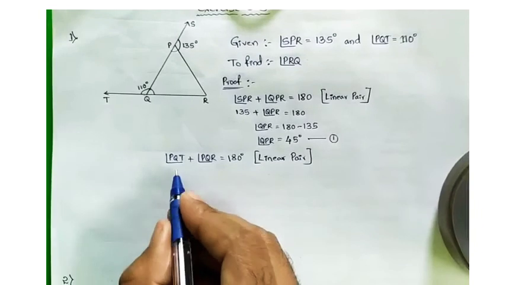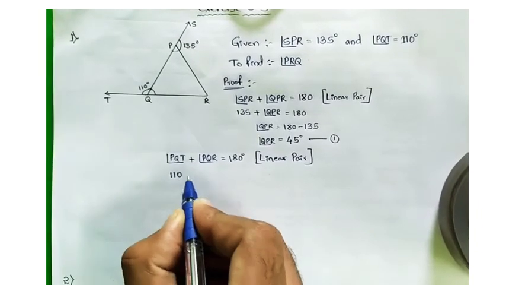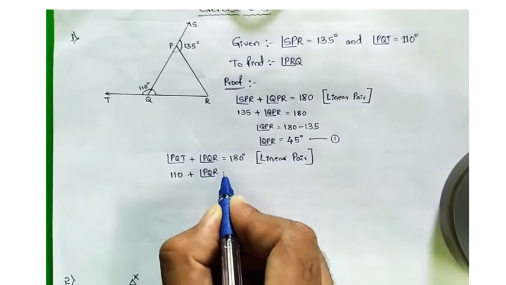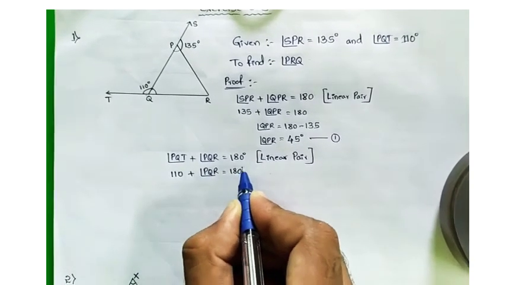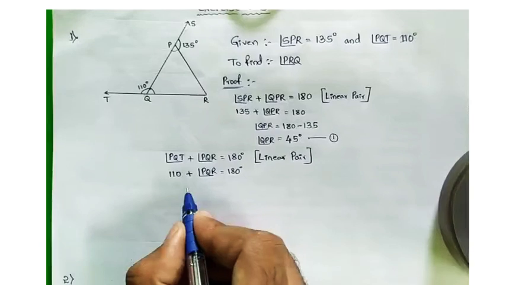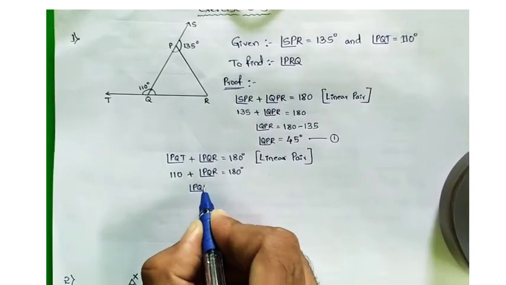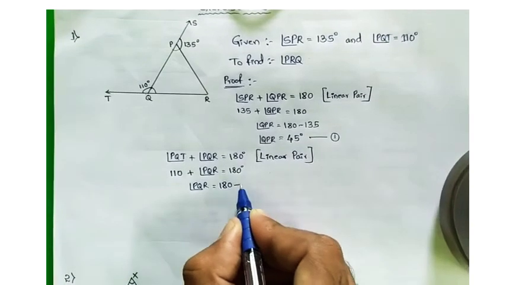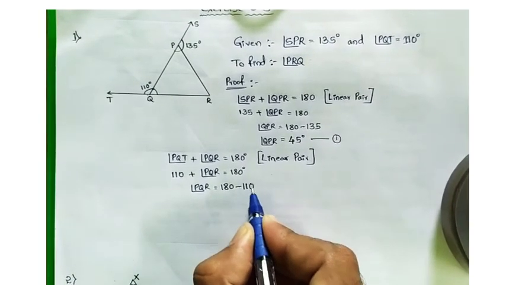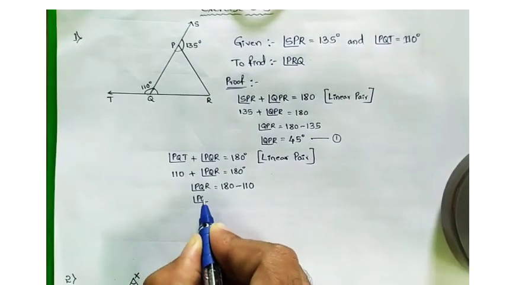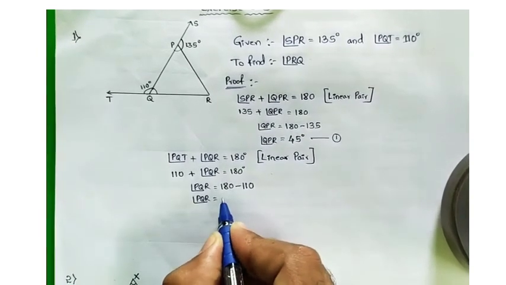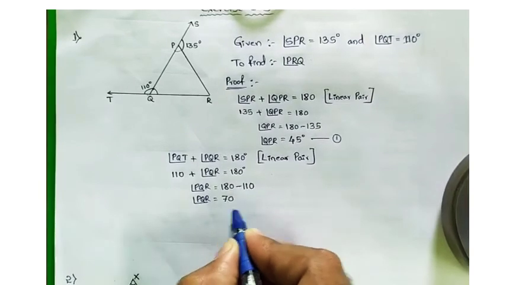So PQT how much? 110 degree plus PQR we don't know, keep like that only, equal to 180 degree. Okay, so PQR equal to 180. If you take 110 this side, means right side, it becomes minus. So PQR equal to 180 minus 110. Here we will get 70 degree.